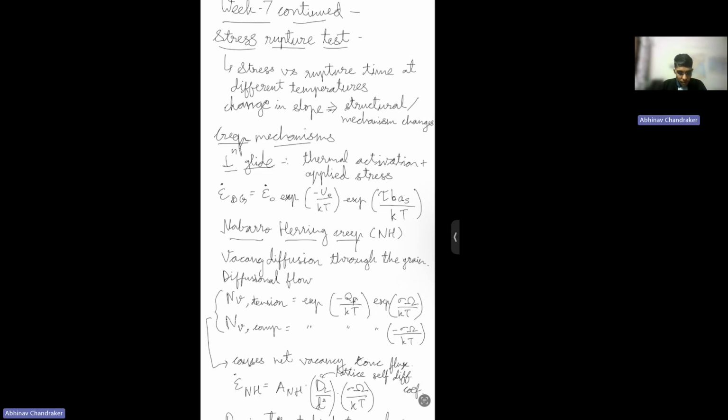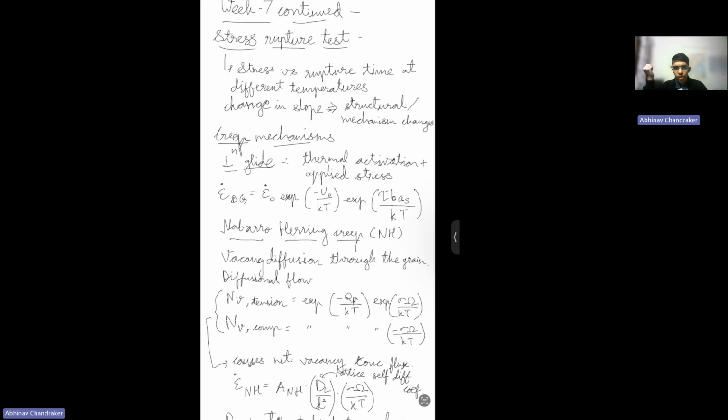So till now we looked at creep test, where you have a minimum creep rate, also called steady strain creep rate. I have not shown the diagrams of how the strain versus time and strain rate versus time curves look, but there will be a minimum creep rate which we call the stage 2 or steady state creep rate. And that is one way of measuring creep.